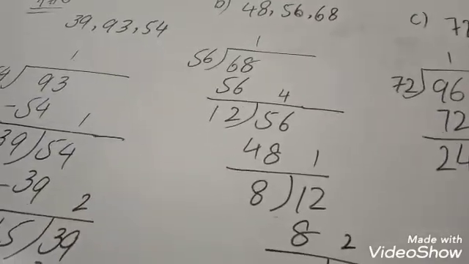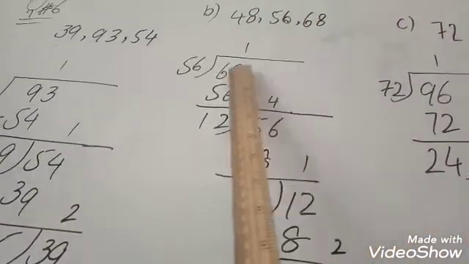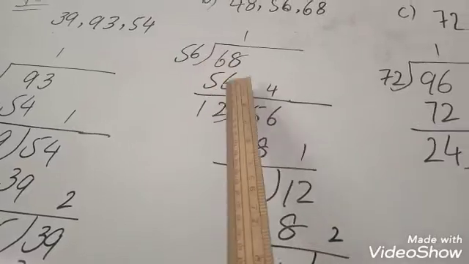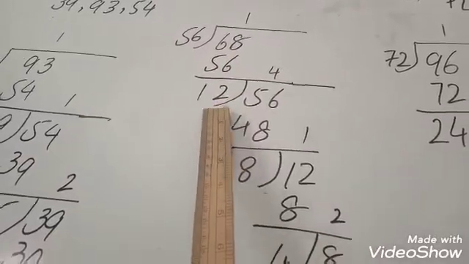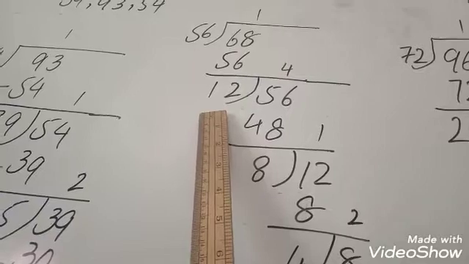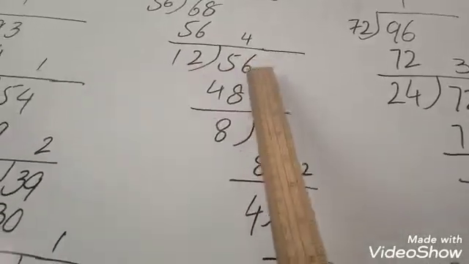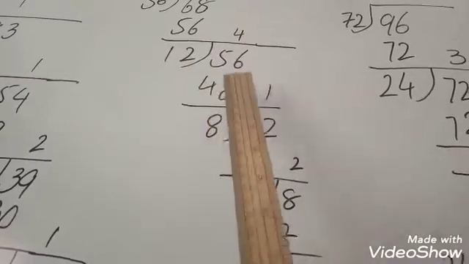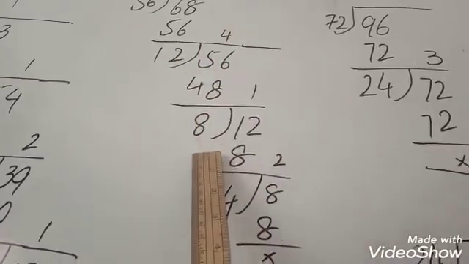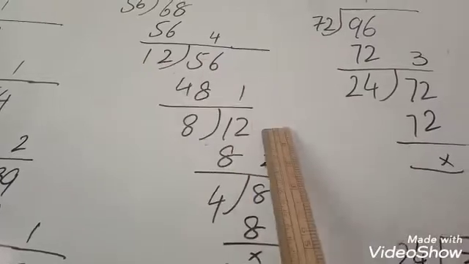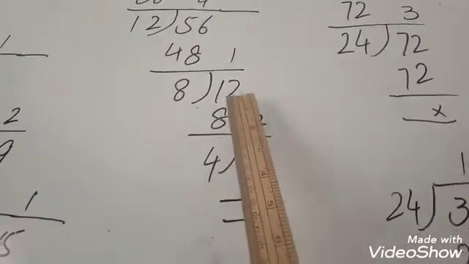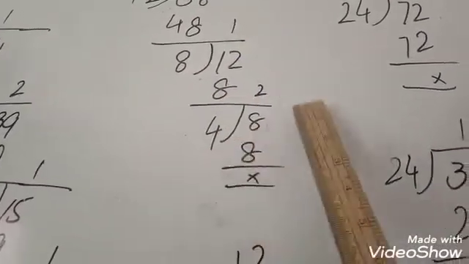Take two large numbers 68 and 56. 56 1 is 56. 68 minus 56 is 12. 12 become divisor. 56 minus 48 is 8, and this 12 become dividend. 8 1 is 8. 12 minus 8 is 4. 4 2s are 8.